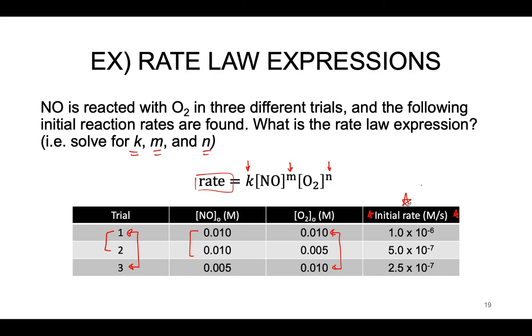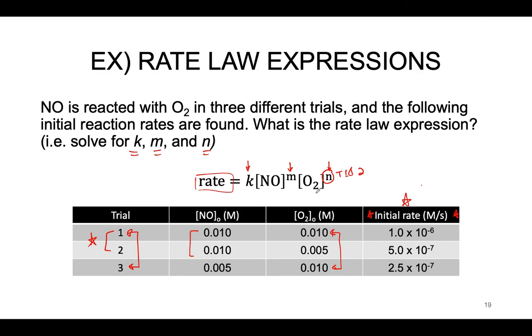So to start, we are going to pick out trials 1 and 2 and compare the data between trials 1 and 2 to determine what one of the rate orders of our species is. Specifically, we are going to be observing the rate order N between trials 1 and 2 because our oxygen is the species that changes concentrations here.